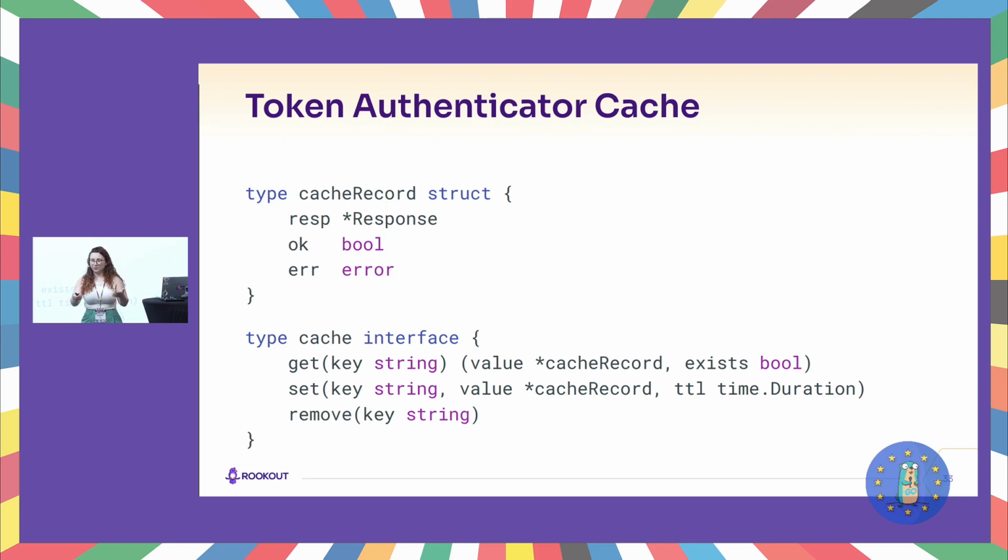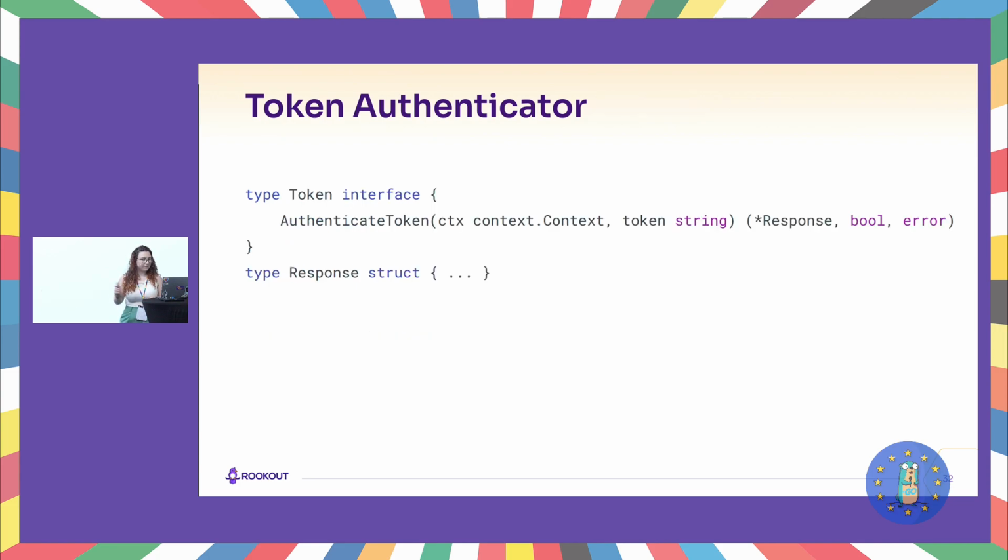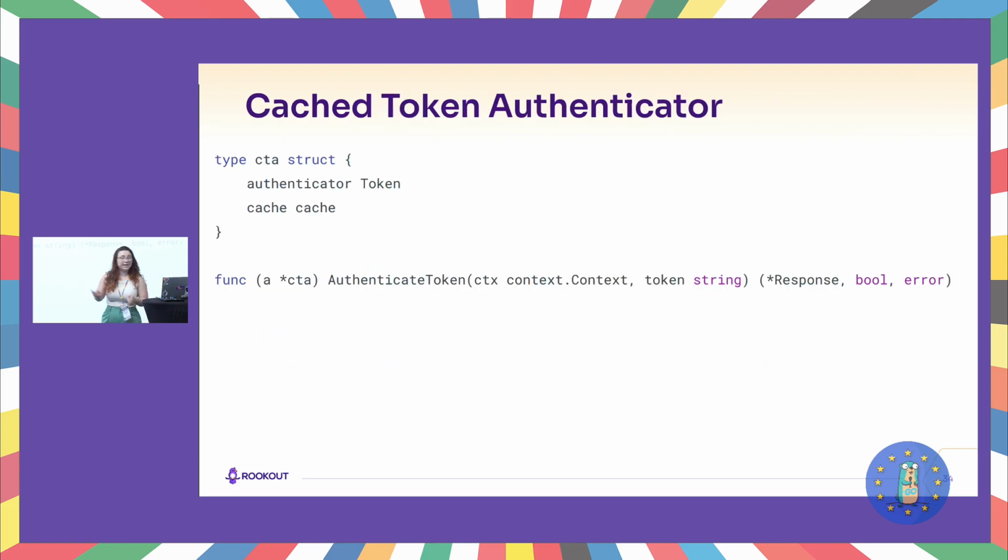Now, what do we do? Well, we want to implement a cached token authenticator. So we want to take both of those. We have an authenticator and we have a cache, and manage them, basically, right? We want to use the cache if it's available in the cache. If it's not, we want to call the full authentication function.